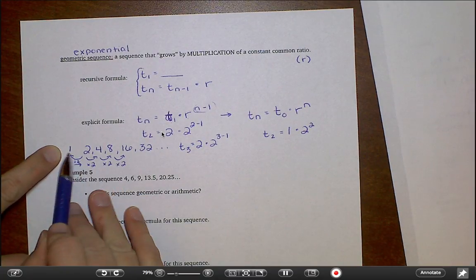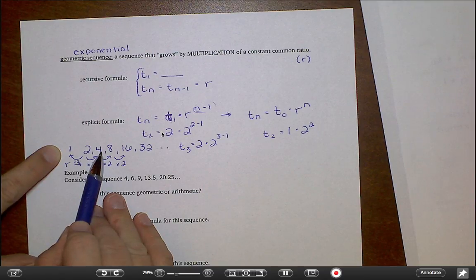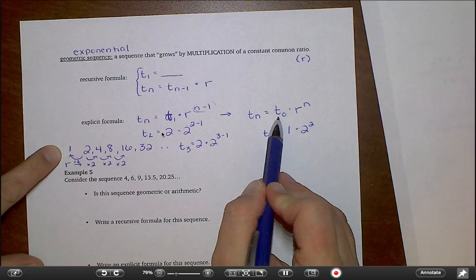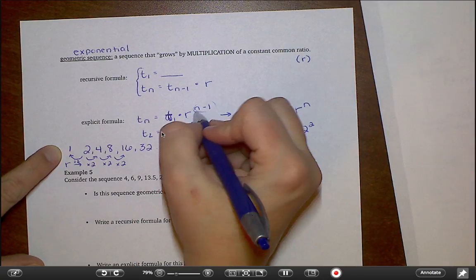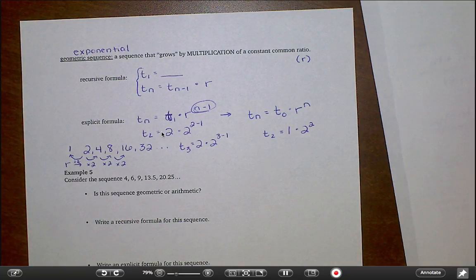And if I'm starting at term 0, then that is the correct number of jumps to get to term 2. So I don't care if you start at term 1 or term 0. But if you start at term 1, just make sure that up in your exponent you've got an n minus 1. And I think we're going to practice that enough to make it hopefully less confusing.